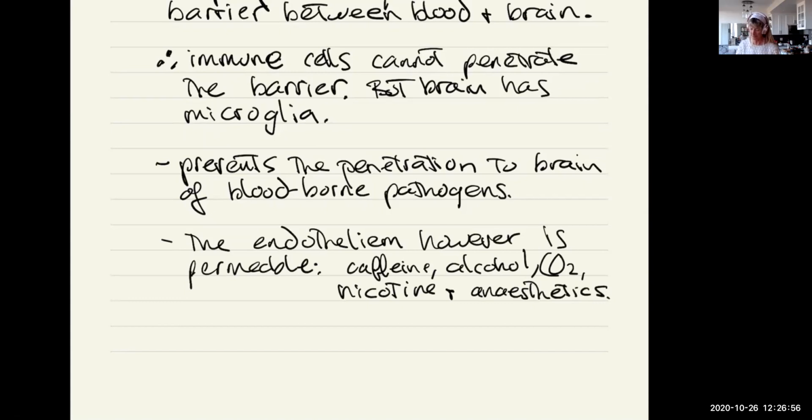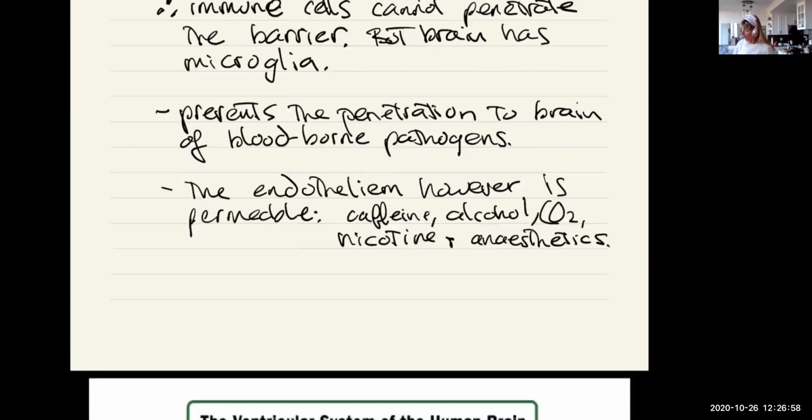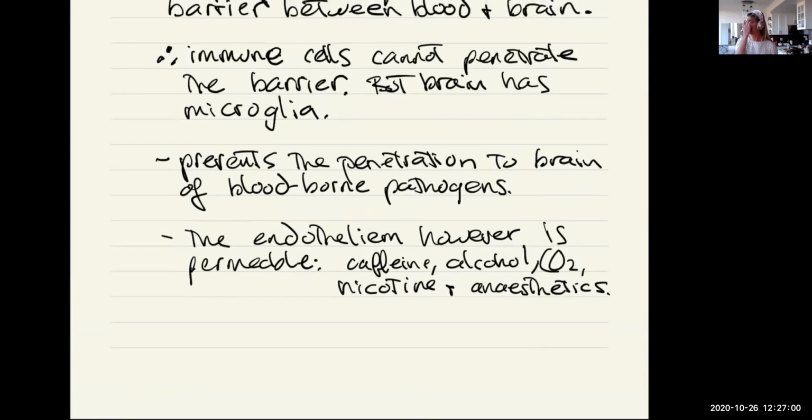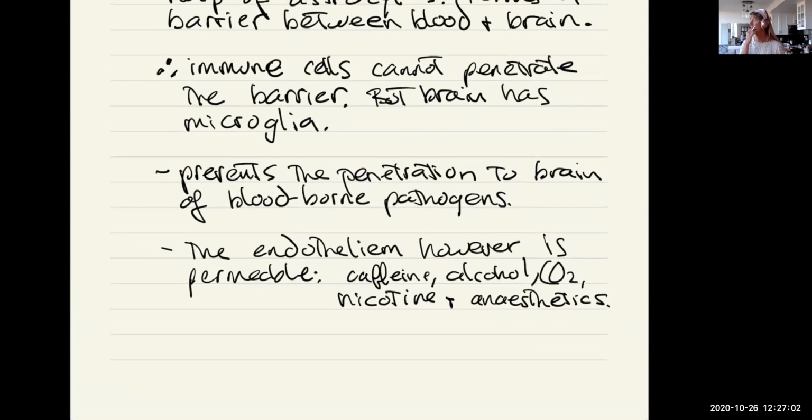There are organs that require access to blood, however, because the brain is constantly monitoring the body.